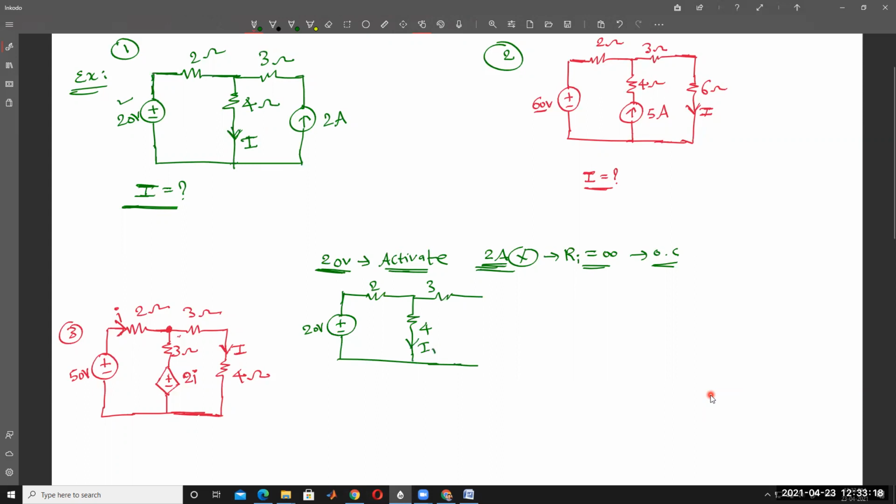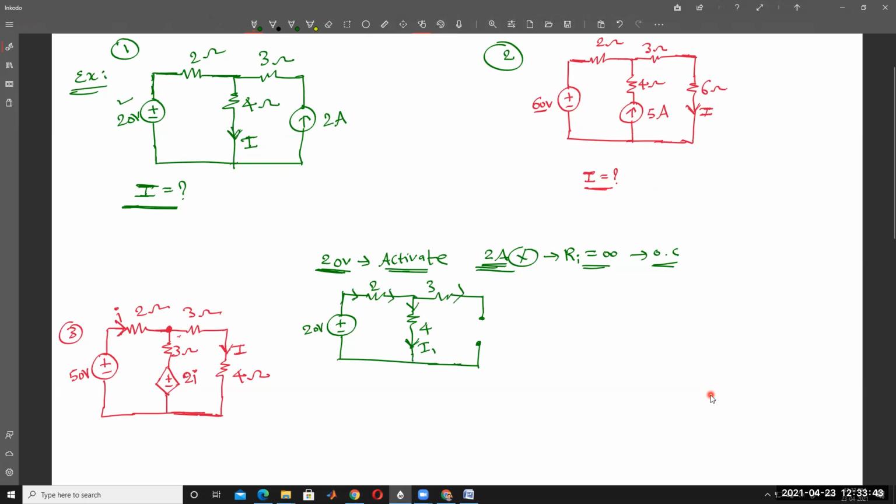And what is the internal resistance of this current source? Infinity. That's why it is an open circuit. Then what is the current? Current is entering like this and like this.